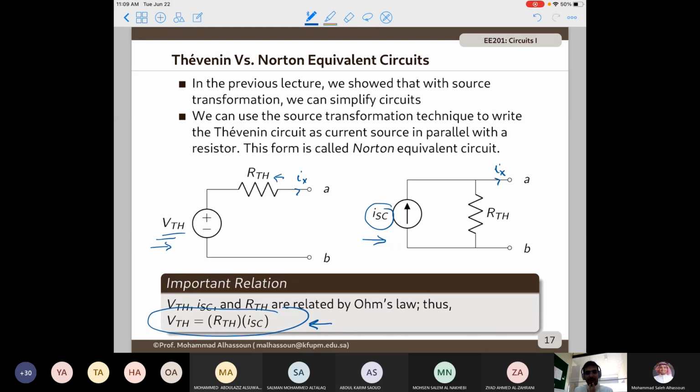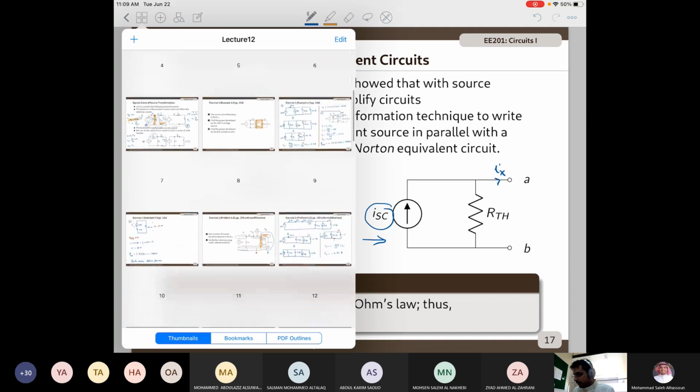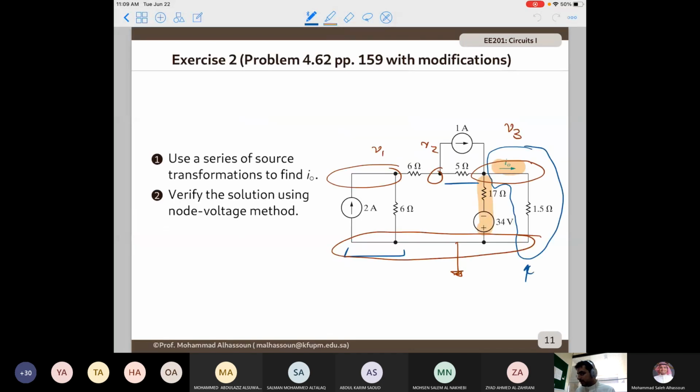But now, if we are given a circuit that consists of sources and resistors, how to find the Thevenin equivalent circuit? How to simplify, say, this circuit into something, or for example here.